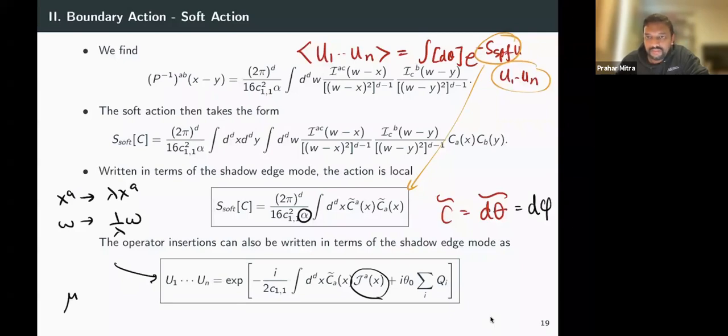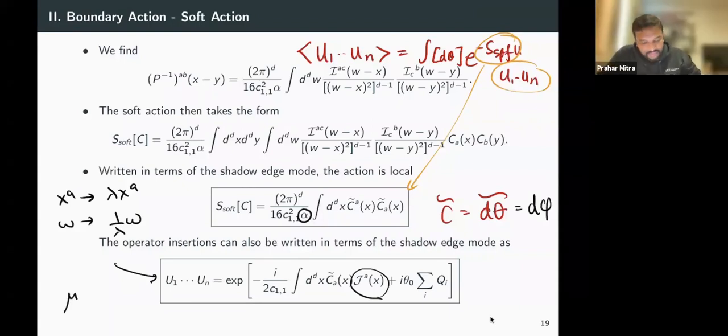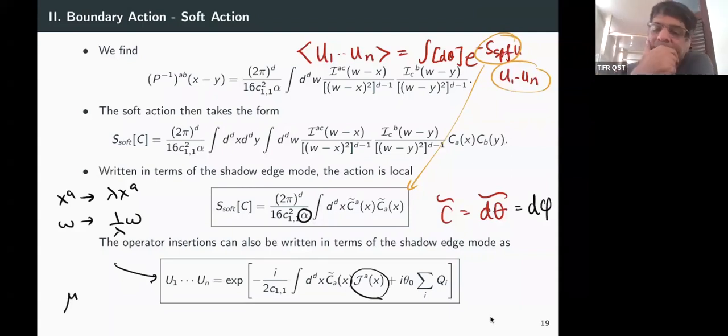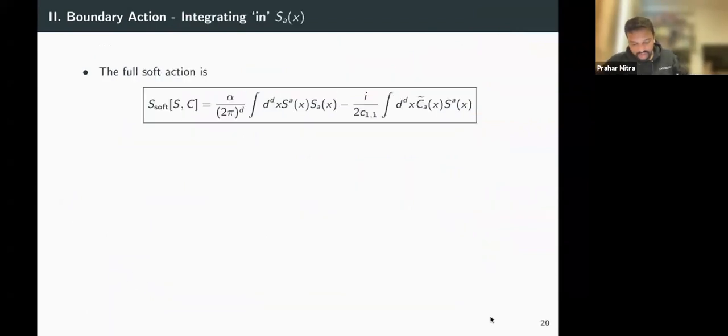Could I think of this mu, Prahar, as putting the space on a sort of disk, cutting off, instead of being on scri plus and scri minus, just being a disk times time? Yes, exactly. This mu you can think of as... wait, let me draw it here actually.